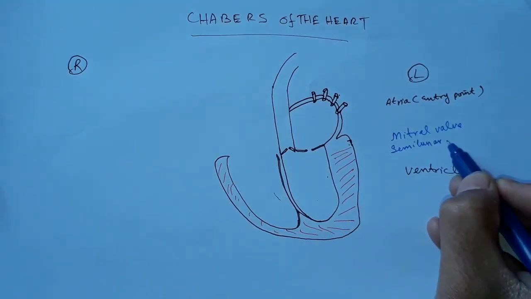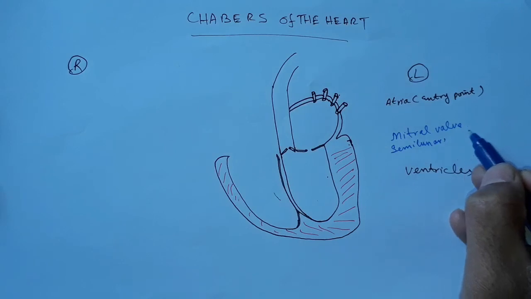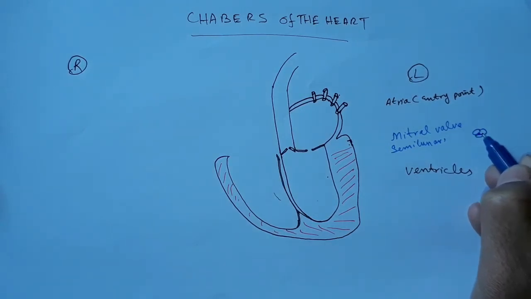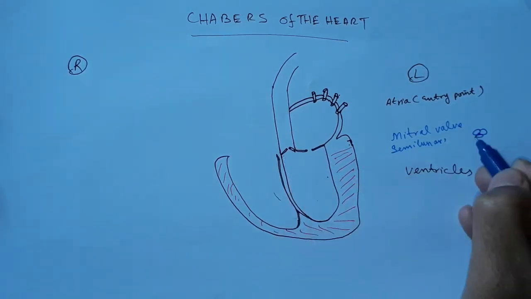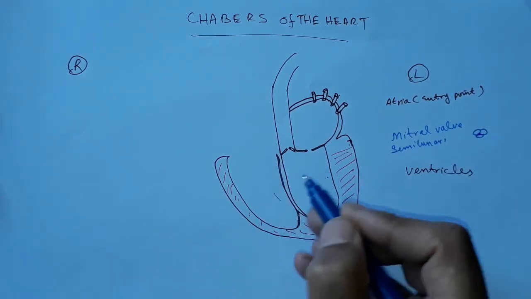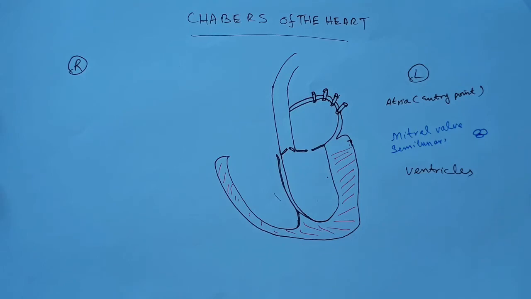because it looks like a half moon. This is actually made up of these 3 cusps, so it is called semi-lunar valve.